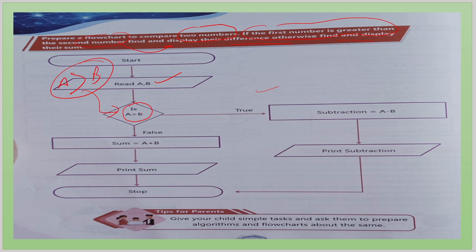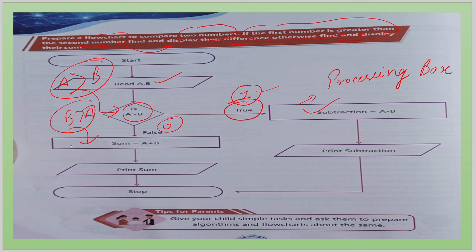So I'm just writing the condition: A is greater than B. If the condition is true, here you have to write true. True means 1, and 0 means false. If the condition is true, you have to perform the subtraction. That is the processing box. A minus B. And if the condition is wrong, meaning B is greater than A, this box will be executed.